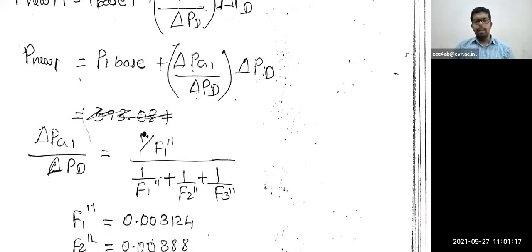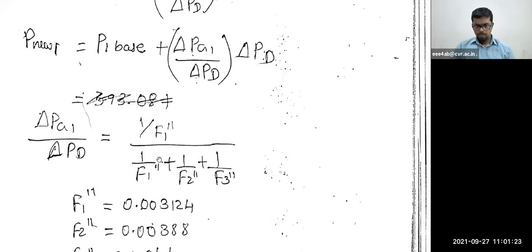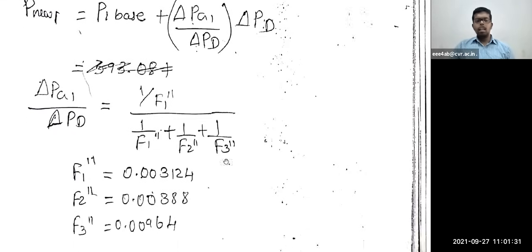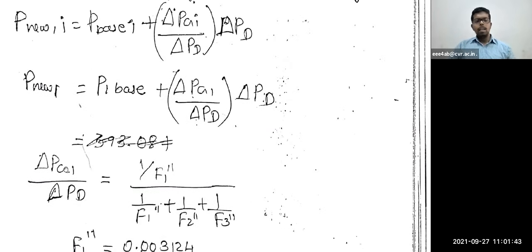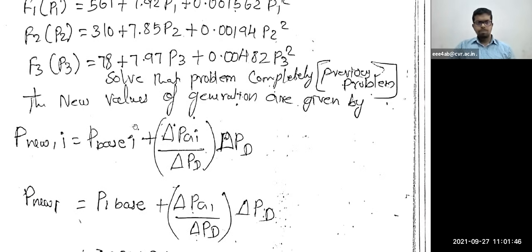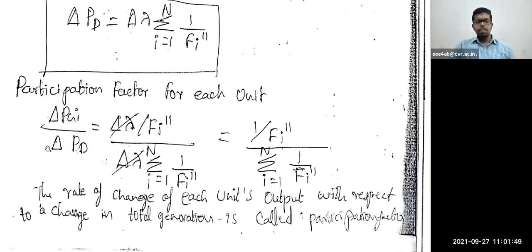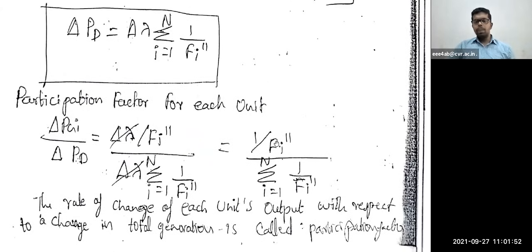Del PGi divided by del PD is equal to 1 divided by Fi double dash, the whole divided by summation i is equal to 1 to n of 1 divided by Fi double dash.